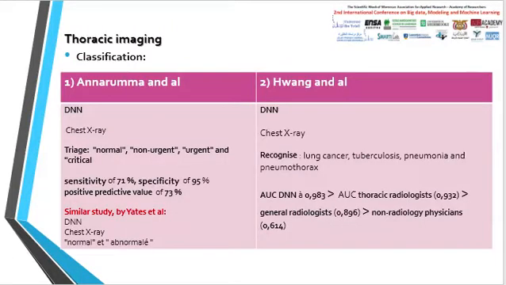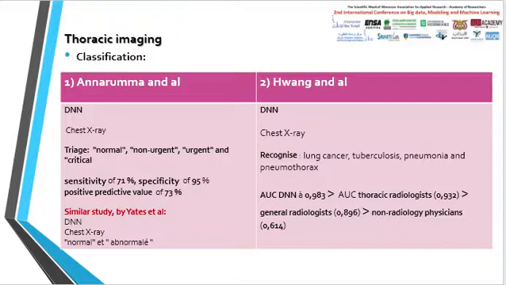In thoracic imaging and concerning classification, authors have developed each of them DNNs based on chest X-ray data to sort them into normal, non-urgent, urgent, and critical X-ray, or just normal and abnormal X-ray. Other DNNs have been developed to be able to detect lung cancer, tuberculosis, pneumonia, and pneumothorax.